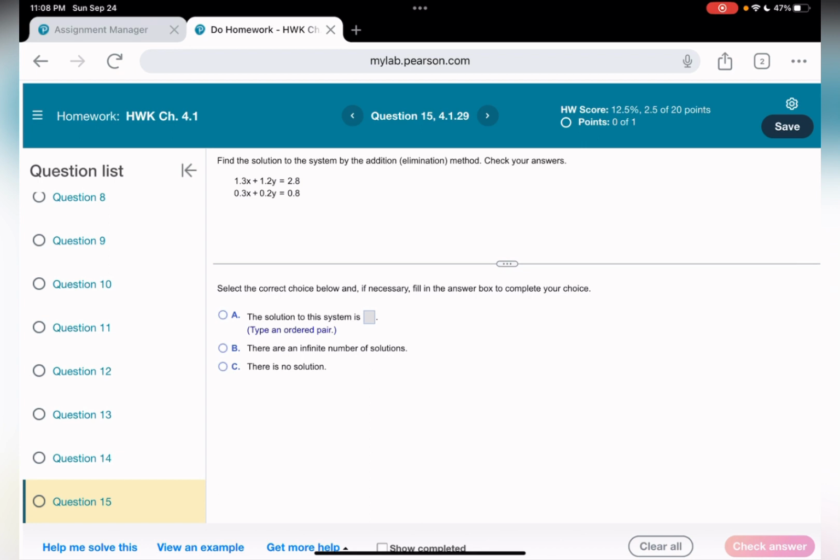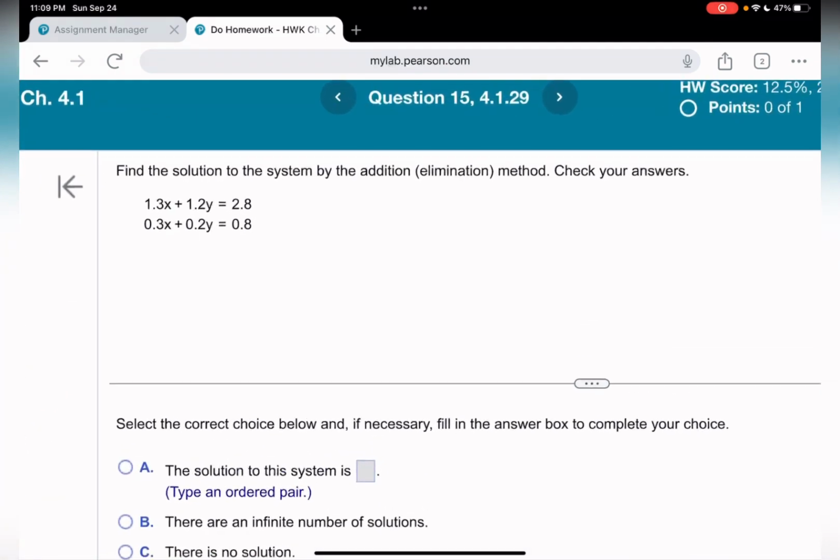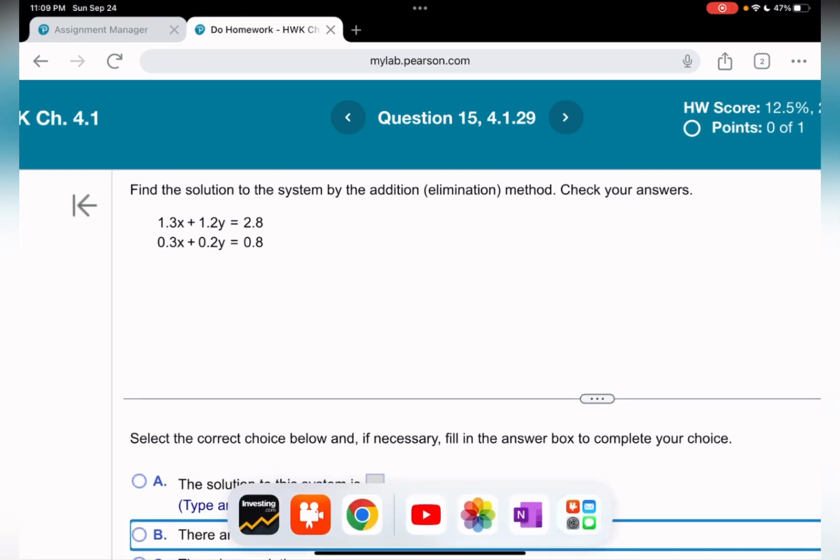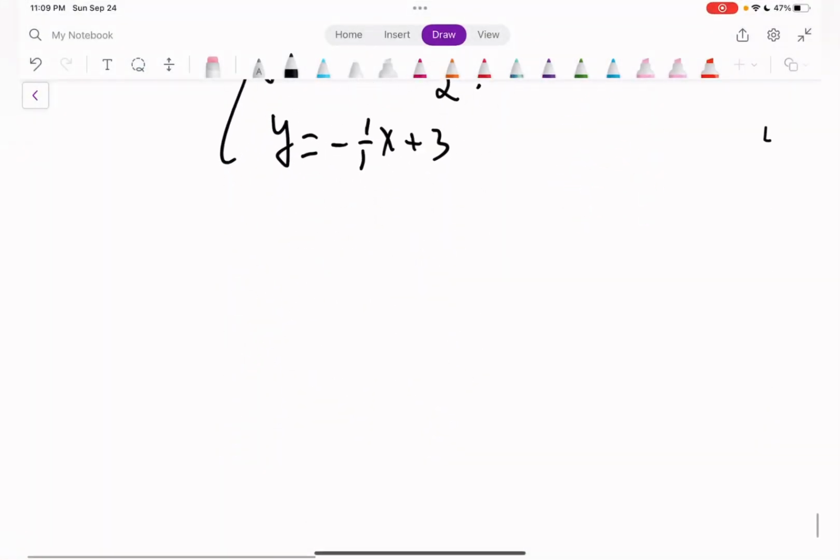What do we have to do? Find solution. Okay, we can do that. Let me take a picture. Okay, find solution by the addition. Okay, method of addition. All right, let me explain real quick. Method of addition.